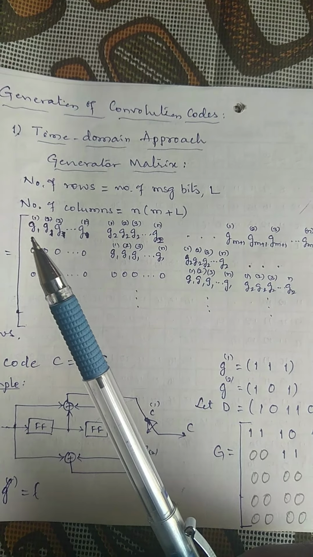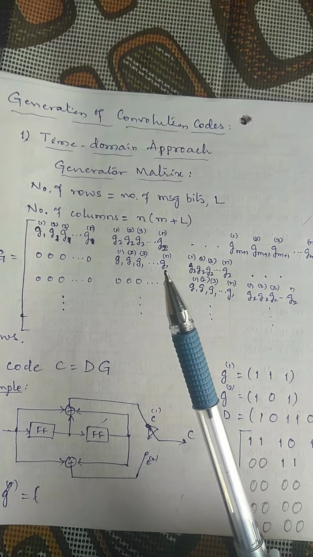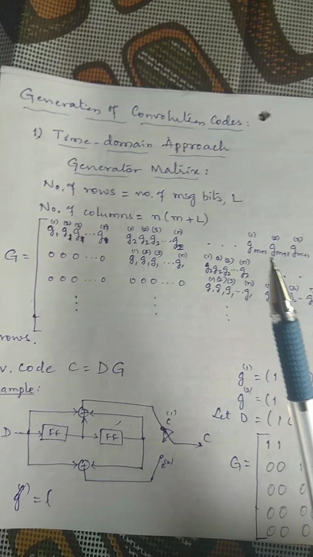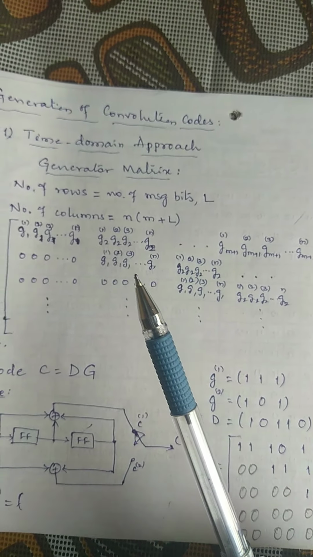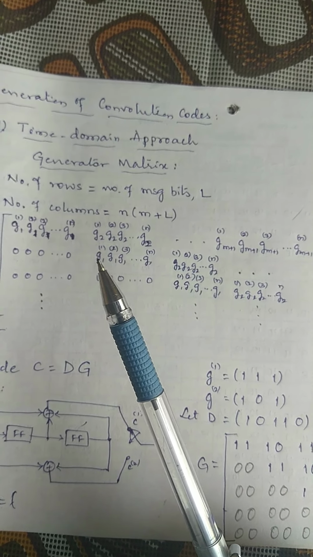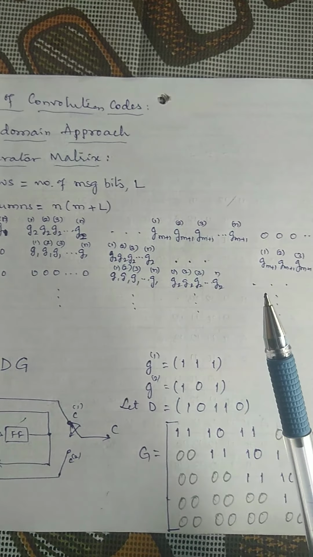So the first bit of all the generator sequences is shifted, then the second, then the third, likewise up to m plus 1. Similarly, for the third row, the second row is shifted one more block word position towards the right.